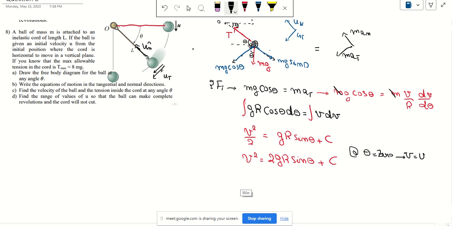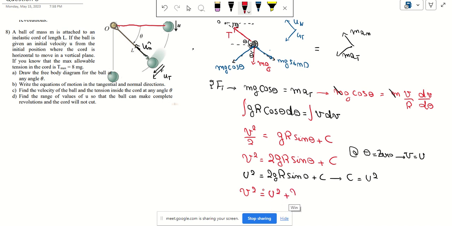So u squared is equal to 2gr sine 0 plus c, and sine 0 is 0, so you'll find that c is equal to u squared, and the final equation will be v squared is equal to u squared plus 2gr sine theta.